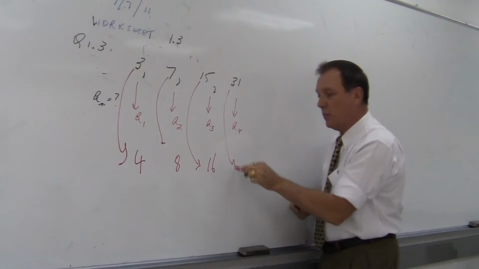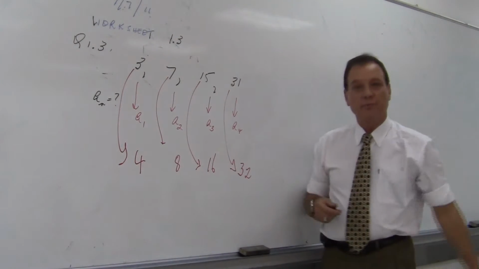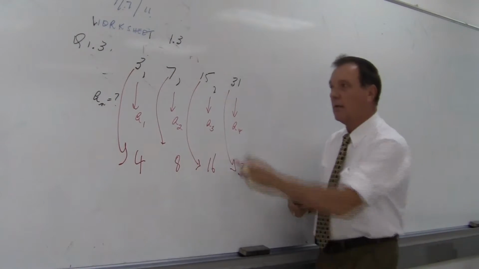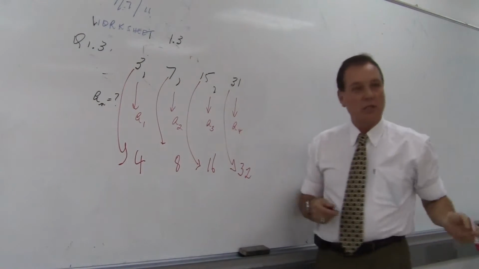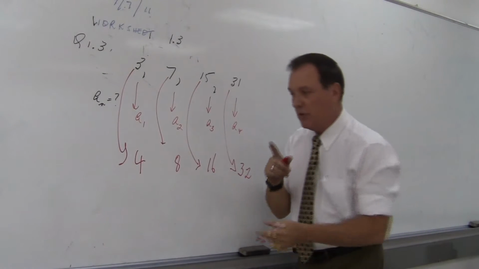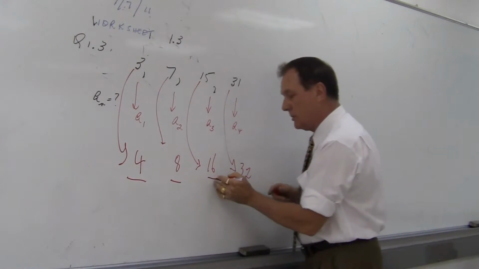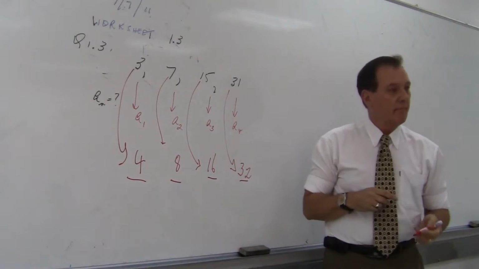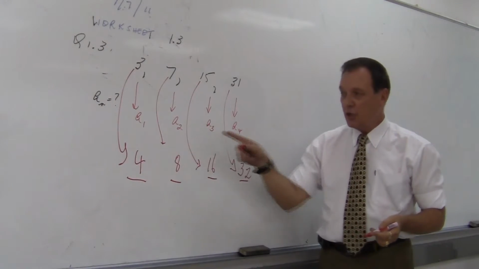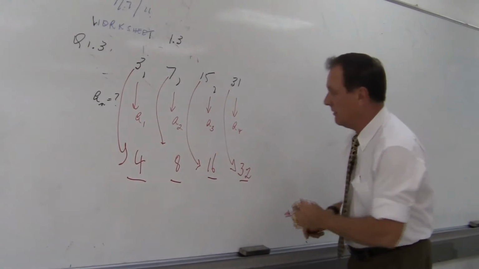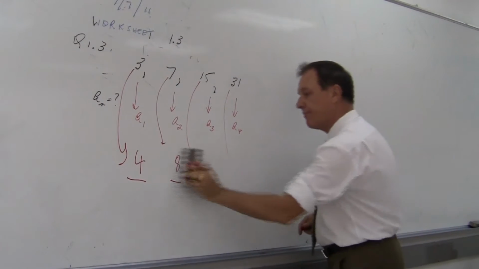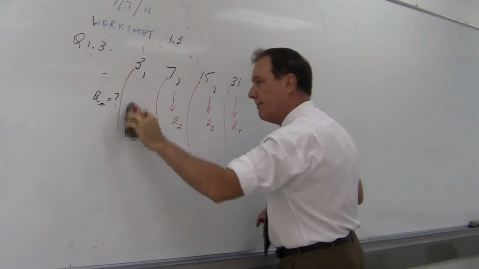And instead of 31, 32. Now, these don't bear any relationship to each other, but each of them is one less than those numbers. So, our terms now look like, let's see, I'll tidy it up a little bit.